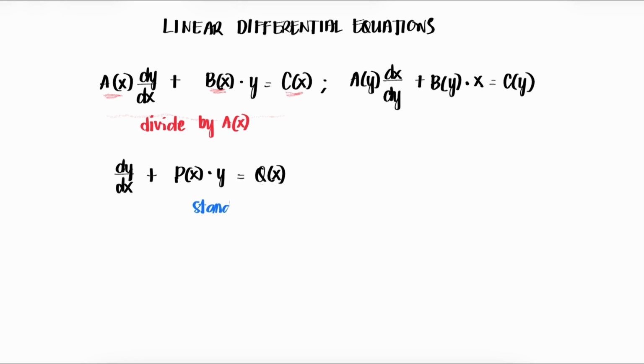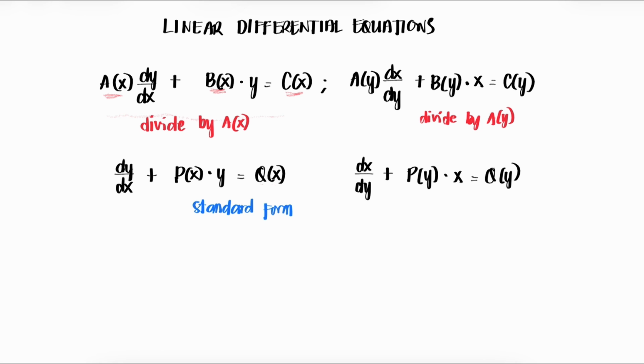Now the standard form of the other equation on the right side can be obtained if we divide by a of y. So dividing by a of y, we get dx/dy plus p of y, this time a function of y, times x equals q of y.